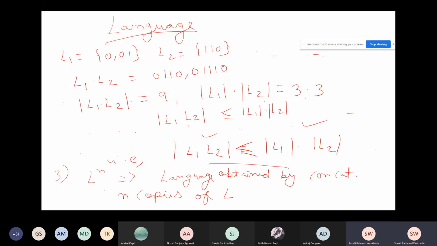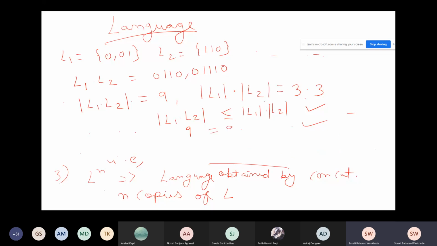We got that the size of L1 L2 is 9, and the product is 9. So it is true. The size of L1 L2 is less than or equal to the product; it is equal in our case.